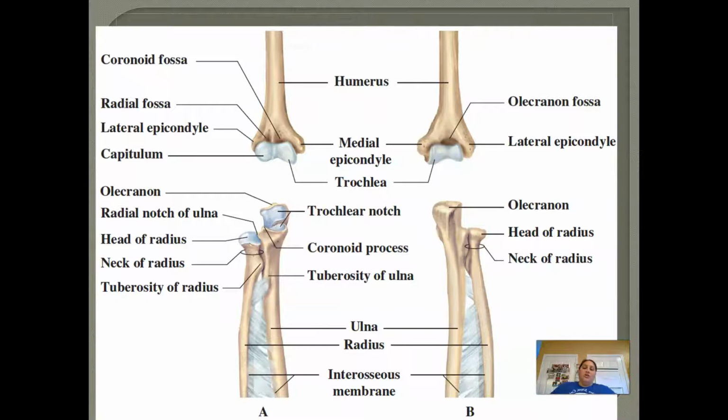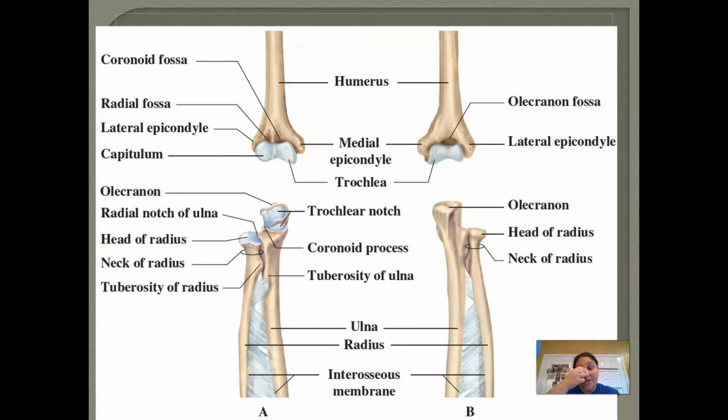Okay, so the elbow, we're looking specifically at the humerus, the radius, and the ulna. Now we're looking at the distal end of the humerus because we're not at the shoulder, we're down towards the elbow, and we're looking at the ulna and radius and where they articulate.